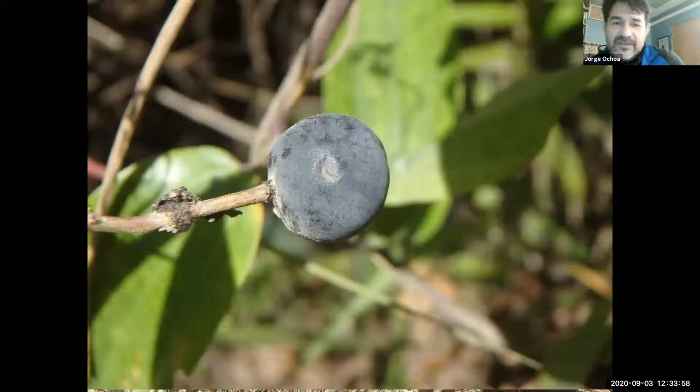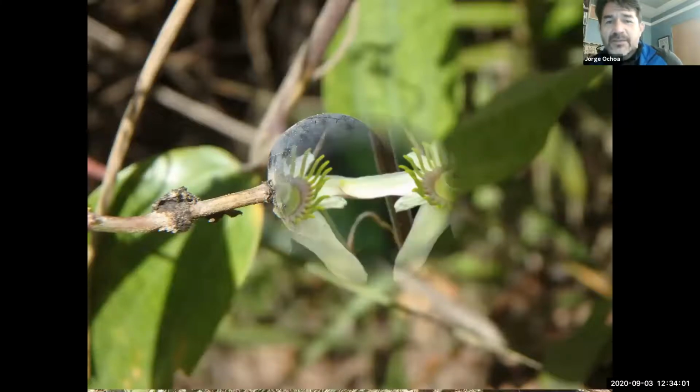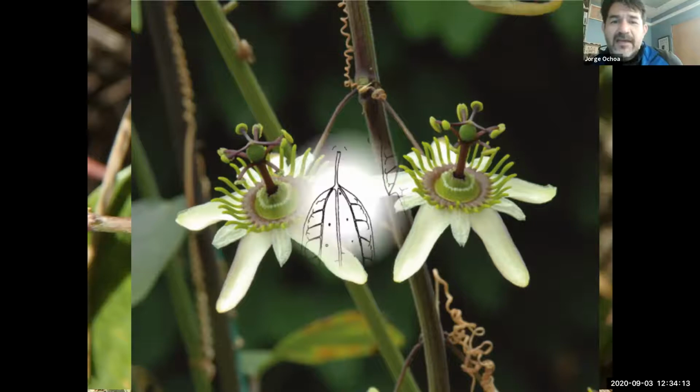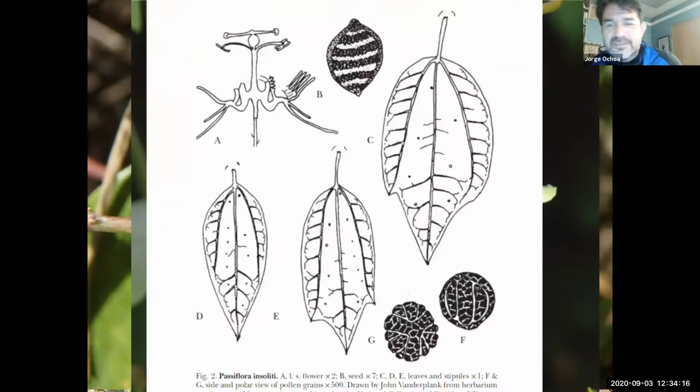We happened to find the fruit for this individual, but it was after we found the flower that we can definitely, without any doubt, say, yep, that is a brand new species. And sure enough, this is a brand new species that we also described, and this was described and published in May of this year. So Isoletis. This is my second species that we published of new species of passion flowers.